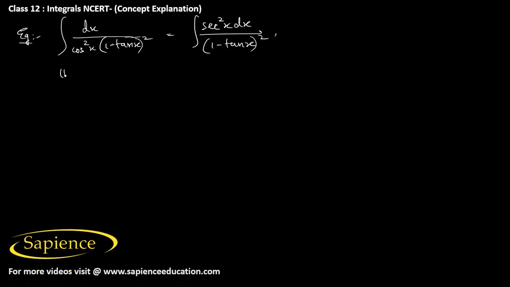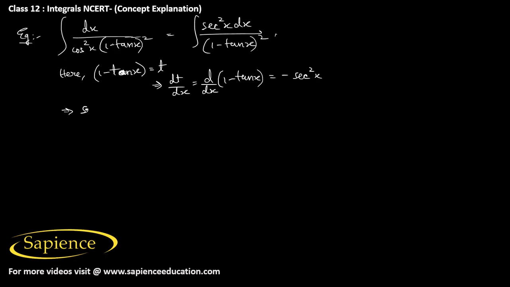So now here we can also make the trigonometric substitution. Let us take 1 minus tan x equals t, suppose. Then dt by dx will be equal to d by dx of 1 minus tan x, which will be equal to minus sec square x.